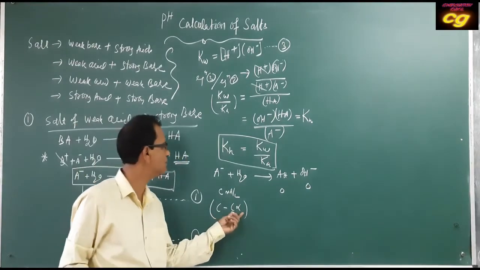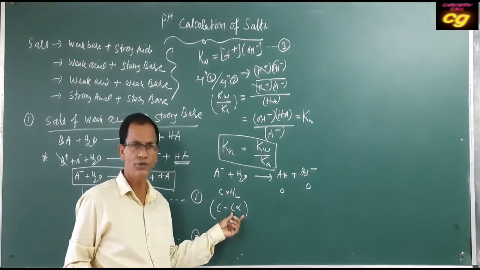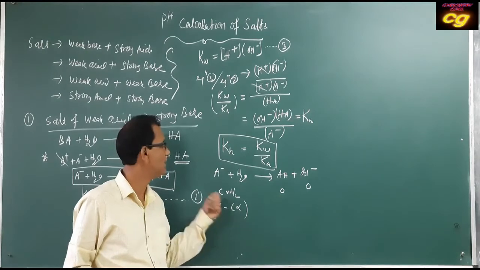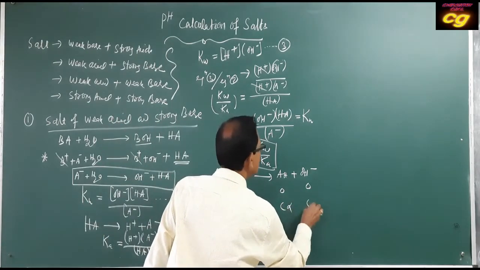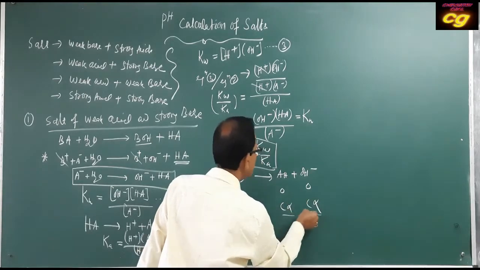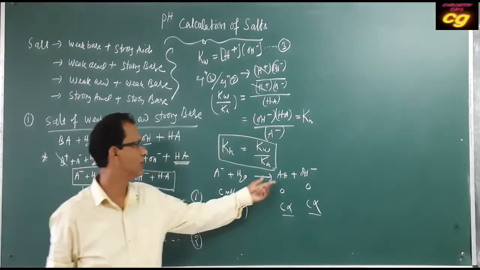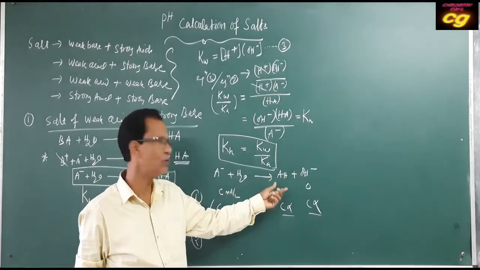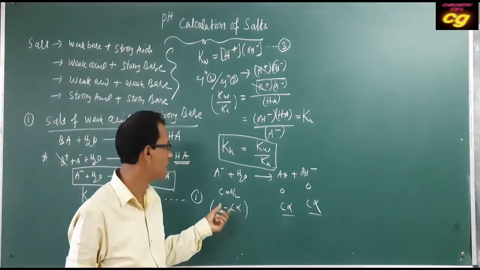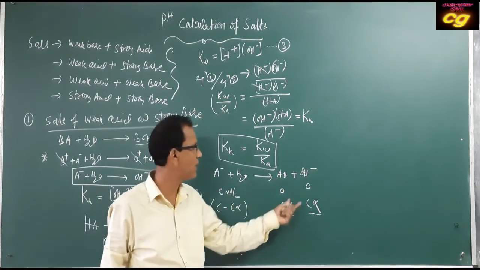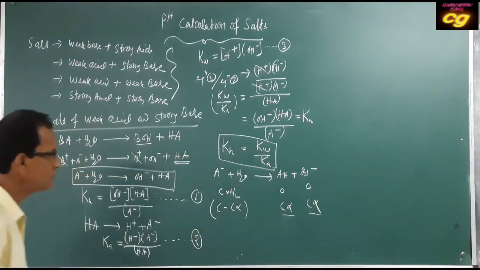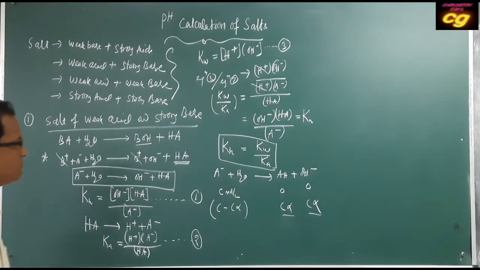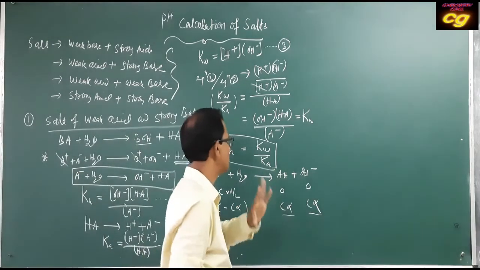What is C alpha? This much concentration is consumed, so how much is left? C minus C alpha. Then how much is produced? C alpha as product. The acid concentration produced after hydrolysis of the salt is C alpha, and the base OH minus produced is also C alpha.